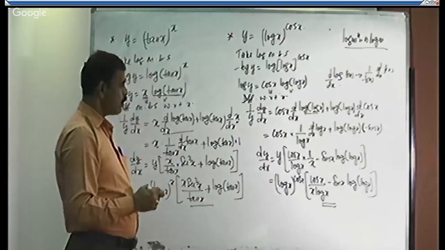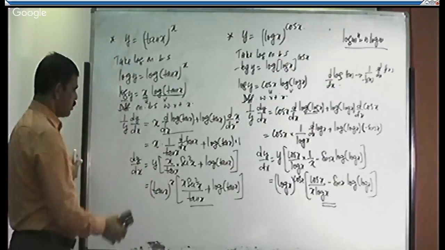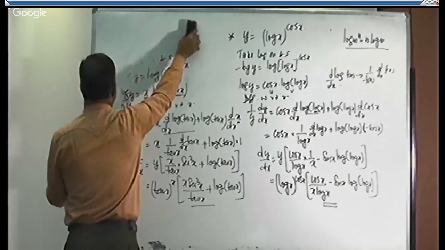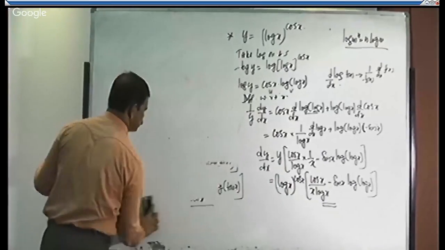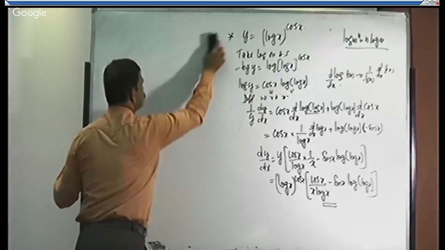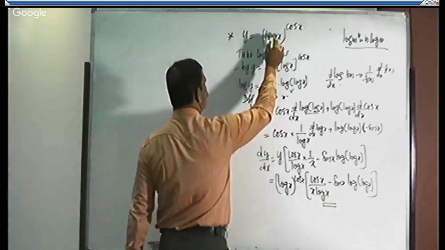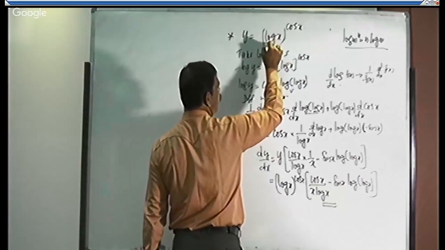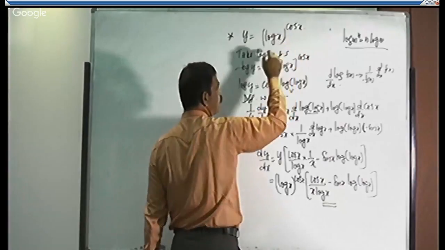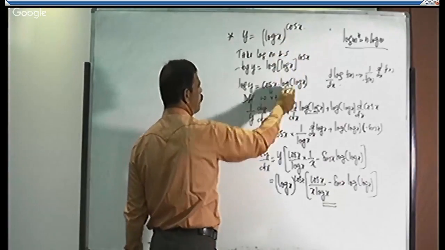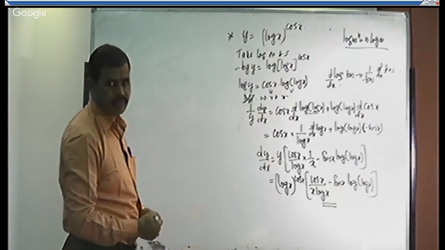When function to the power of function is given, we have to use laws of logarithm. Got it? So like that, we can take any function of x as base and any function of x as power, take log on both sides, use laws of logarithm, make it into a simplified differentiable form, then go for differentiation, right?